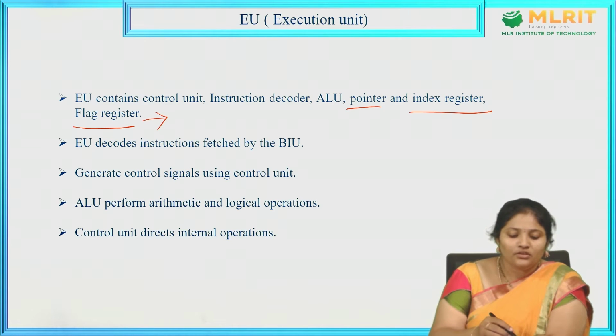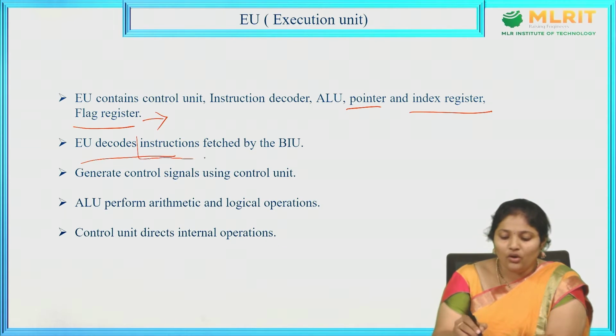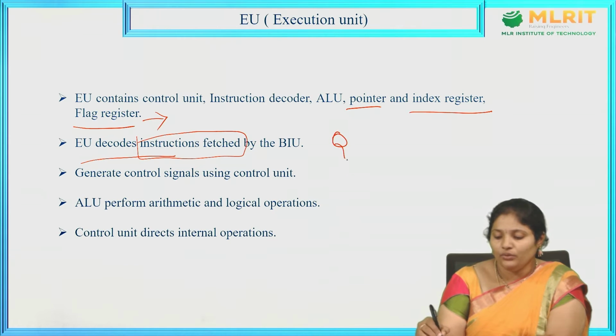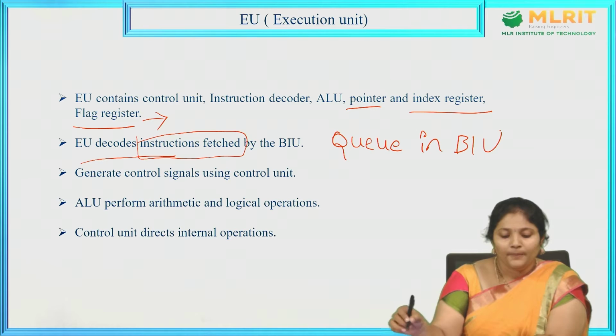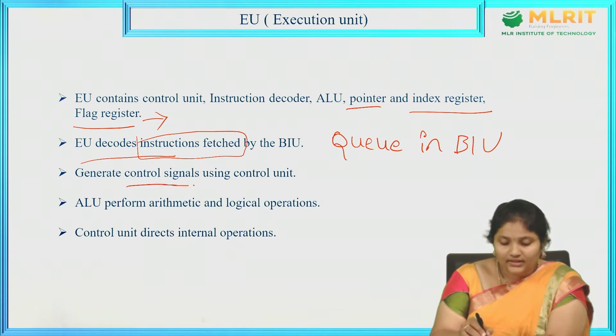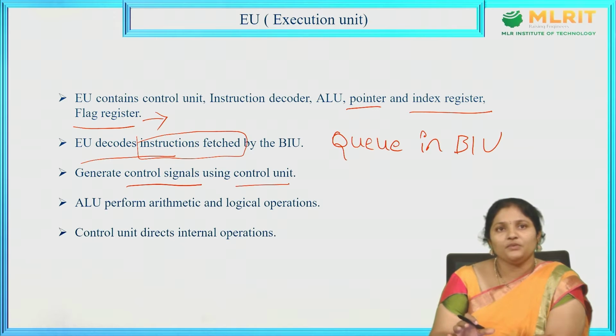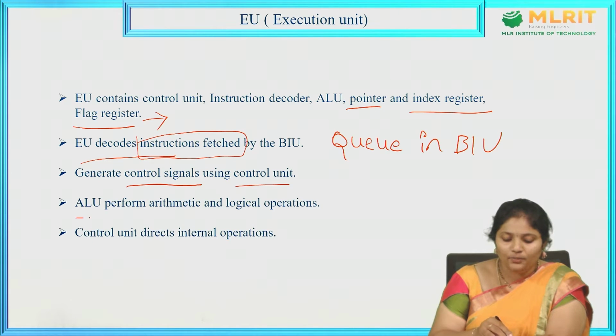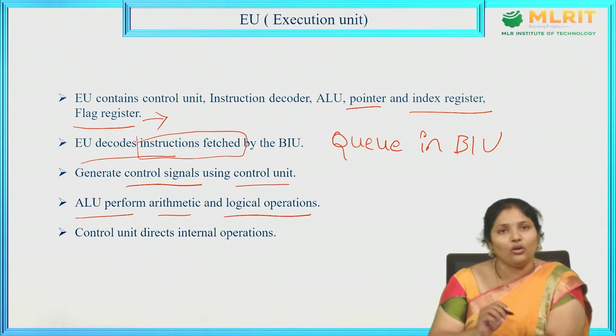So EU decodes instructions already prefetched by the queue in the BIU unit. These control signals are used to generate the operations which will be performed, and the ALU performs arithmetical and logical operations given in the instructions.